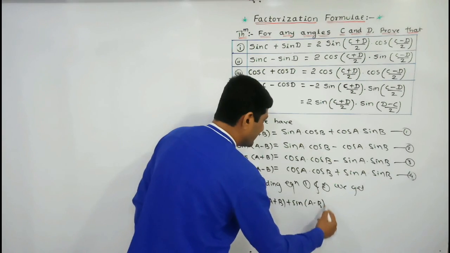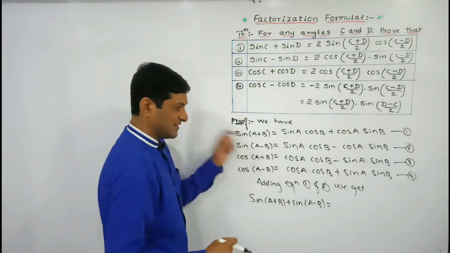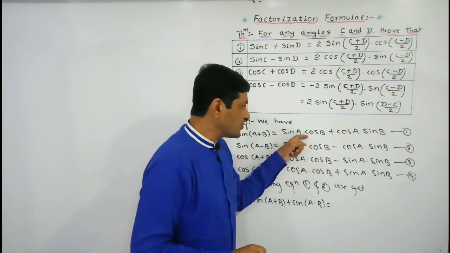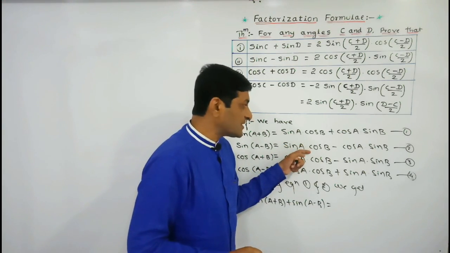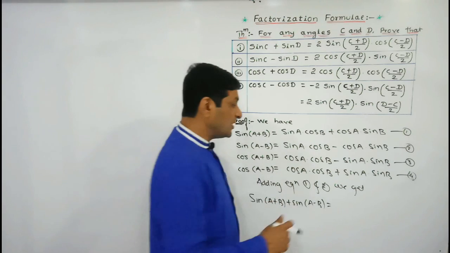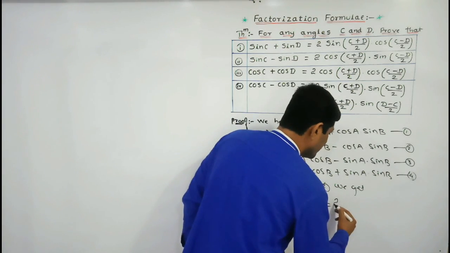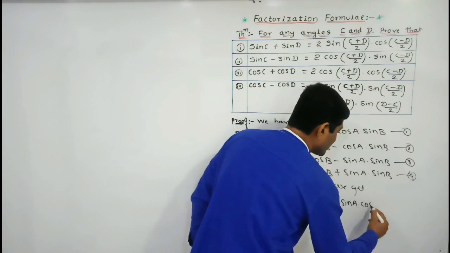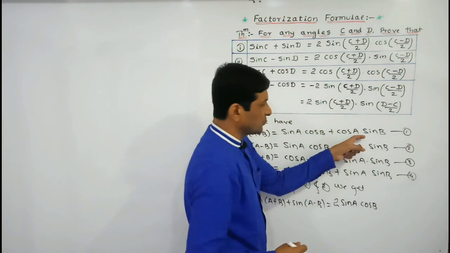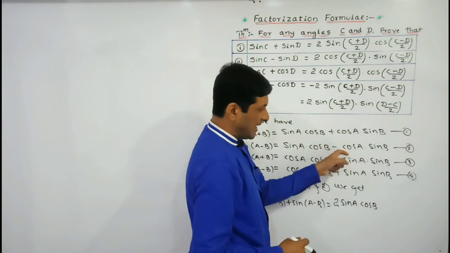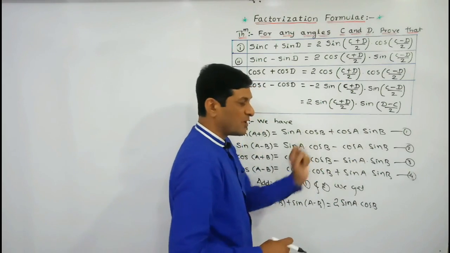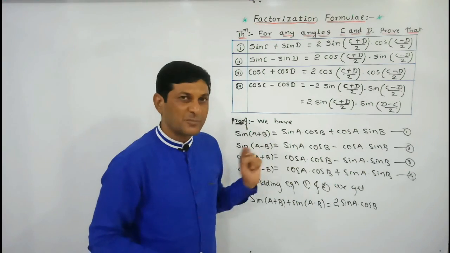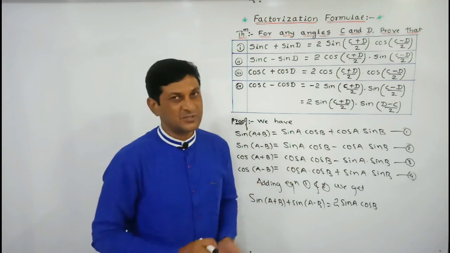Simply we are taking the addition of the left hand side first. Now we take the addition of the right hand side. Observe the first two terms: sin A into cos B plus sin A into cos B will be equal to twice sin A into cos B. And in the addition of the next two terms, cos A into sin B minus cos A into sin B, they cancel. This is the result we get if we add equation 1 and equation 2.